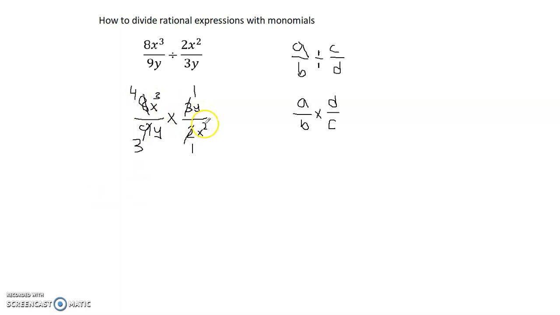So 3 minus 2 will give us 1. So that'll just be x to the power 1. And on the y's, you have y to the power 1 on the top and y to the power 1 on the bottom. Subtracting those two will just basically cancel them out. So now we can see what we're remaining with.